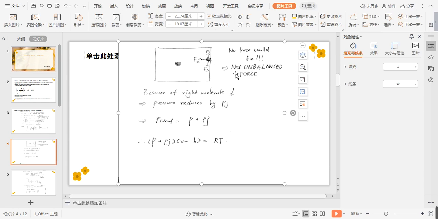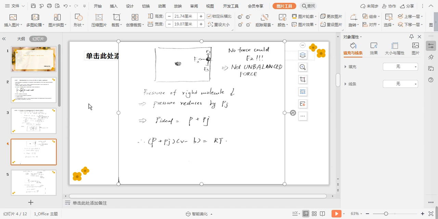So we can understand that F2 pulls this molecule away from the wall. What does it cause? It causes the molecule's pressure on the wall to decrease, and we call this decrease in pressure Pg. So we can write P ideal is P plus Pg, where P ideal is in the ideal gas law equation and P is in the van der Waals equation.